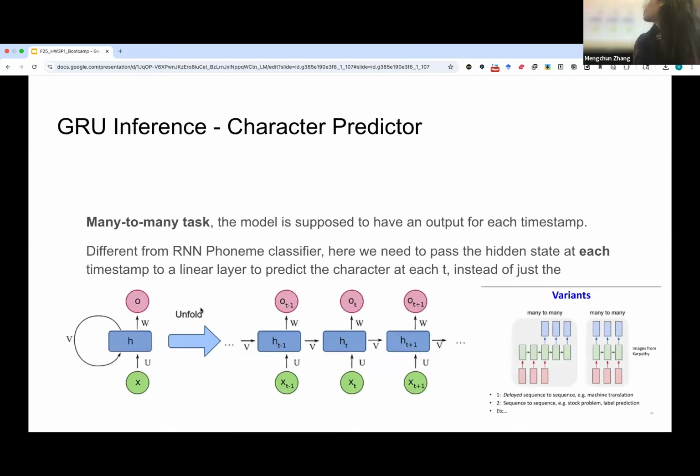Okay, so that was for RNNs, the RNN classifier, and the GRU cell. Now, you will also code up GRU inference, which we call the character predictor.